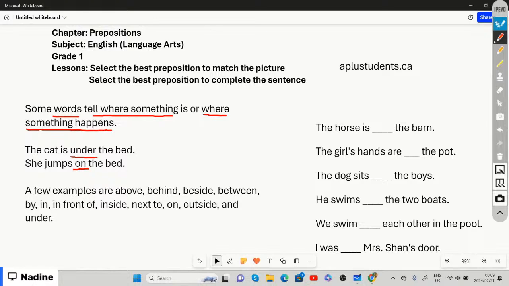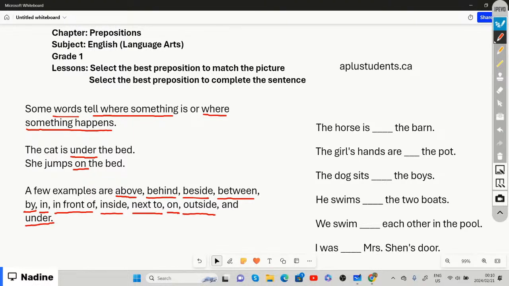And a few examples of prepositions that tell us where something is or where something happens are words like above, behind, beside, between, by, in front of, inside, next to, on, outside, as well as under.